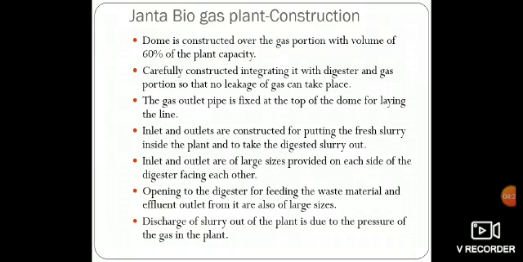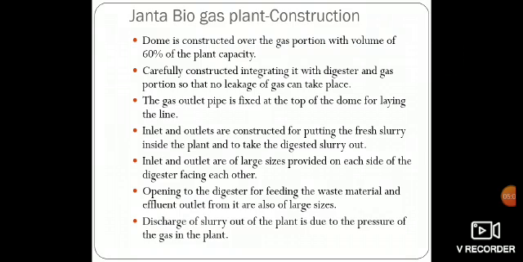The inlet wall is used for putting the fresh slurry inside the plant, and the digested slurry, which is rich in proteins and can be used as animal food, is taken out from the outlet wall. The inlet and outlet are of large sizes, provided on each side of the digester, facing each other.